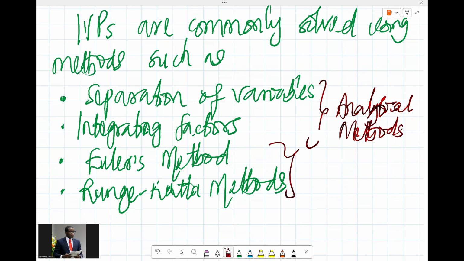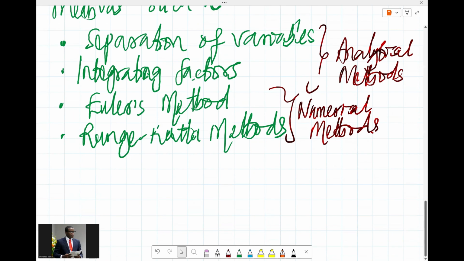So Euler's method and Runge-Kutta methods are numerical methods, and those will be our focus in this playlist. For initial value problems, two of the most popular numerical methods are Euler and Runge-Kutta methods. You have every other method like that, but we'll be focusing on these.